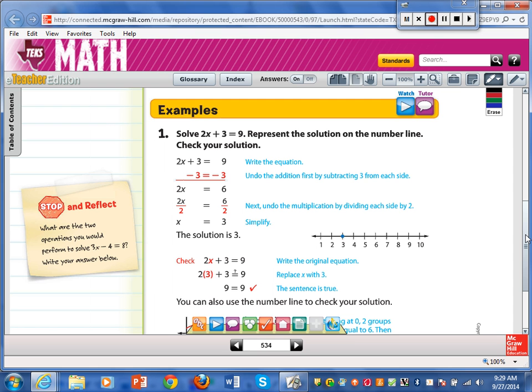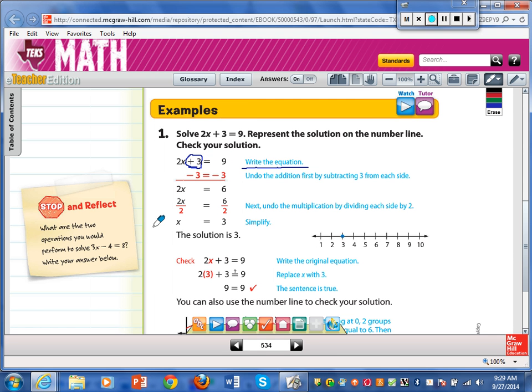Example number 1 says, solve 2 times x plus 3 equals 9. Represent the solution on the number line. Check your solution. First thing you do is rewrite the equation, nice and pretty, the way you like it. Now, we see that right here we have addition, so this is the first part that you have to undo.